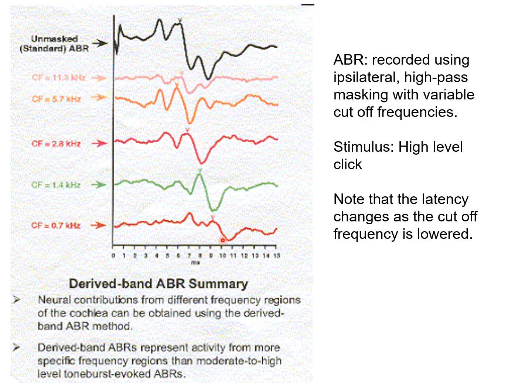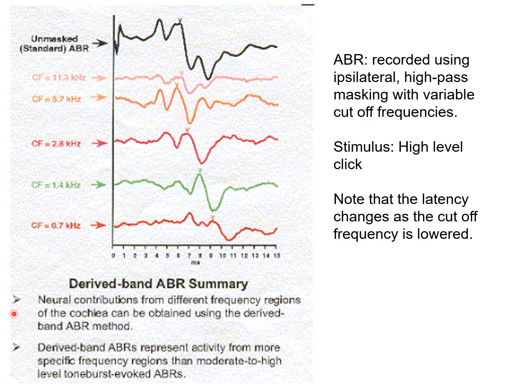So these are the ABRs recorded by using ipsilateral high pass masking noise, and we change the cutoff frequency systematically. The stimuli are clicks alone or clicks plus the high pass noise. You have been made aware that the latency becomes longer as we reduce the cutoff frequency of the high pass noise.